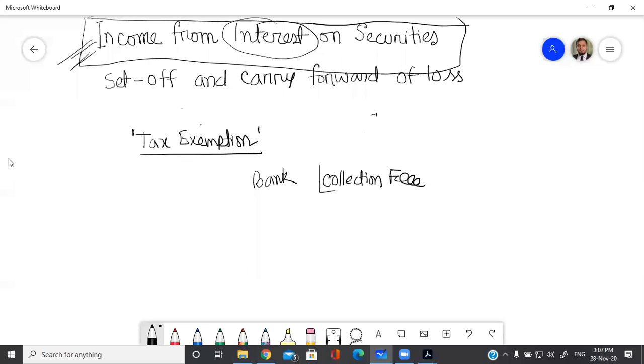So the good news is that the bank charge for collecting the interest income is tax exempted. That means if you have an interest income of, for example, 1,000, and the bank has charged 10 taka for collecting this 1,000 interest income, in that case you will get an exemption of 10 taka. What will be your taxable interest income for this 1,000?